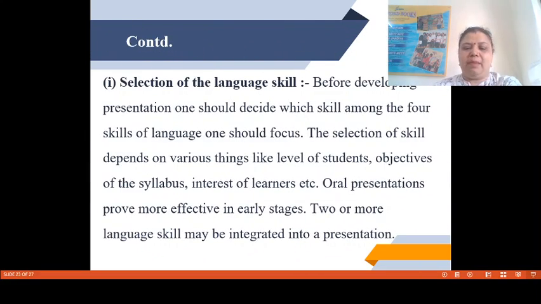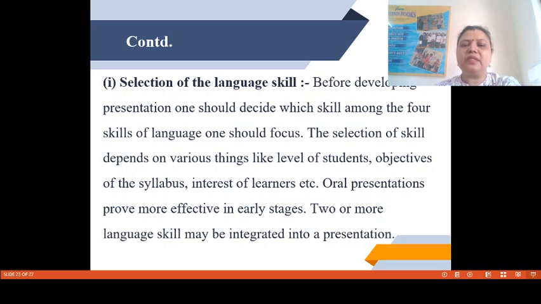This first step has some sub-steps, and out of those, the first one is selection of the language skill. Before developing a presentation, one should decide which skill among the four skills of language one should focus on. It means whether one should focus on reading, writing, listening or speaking.